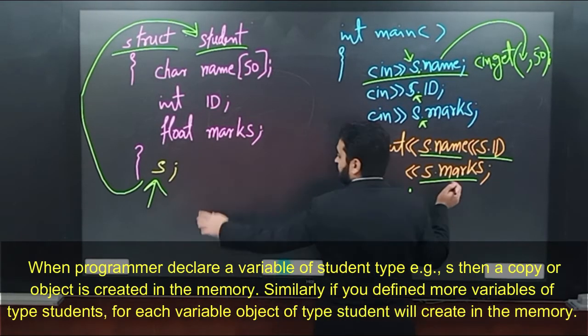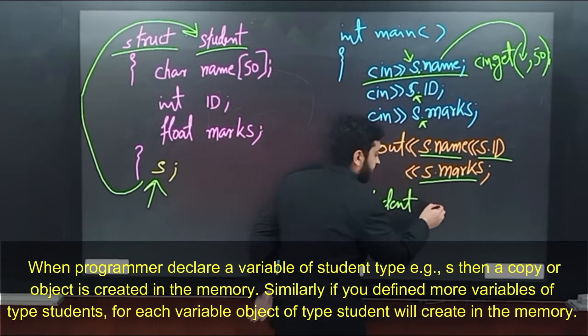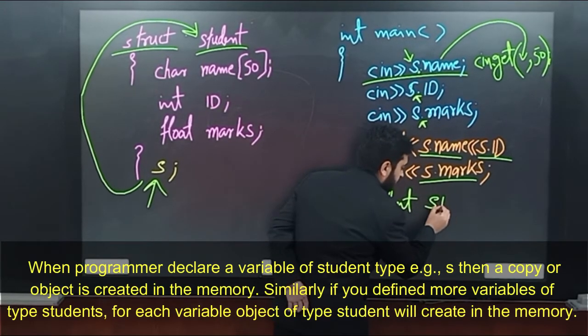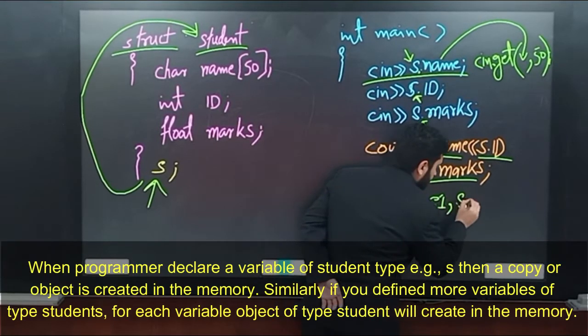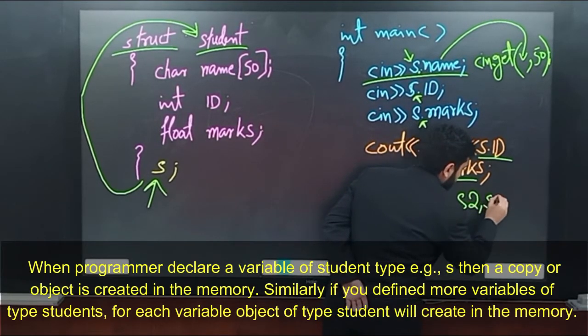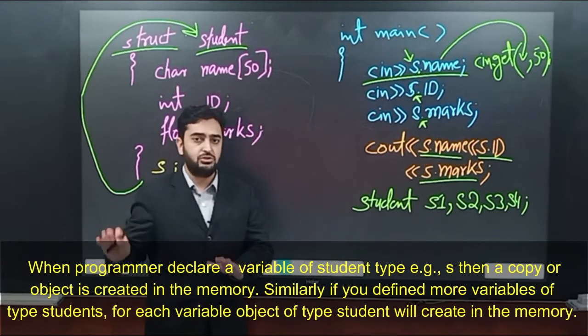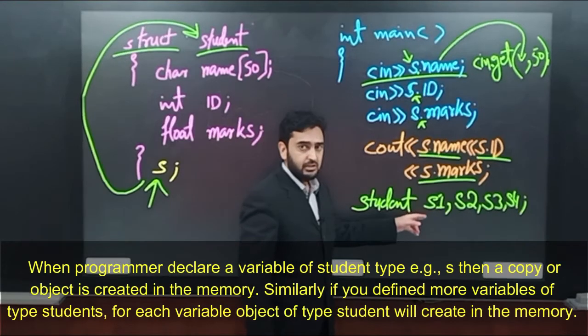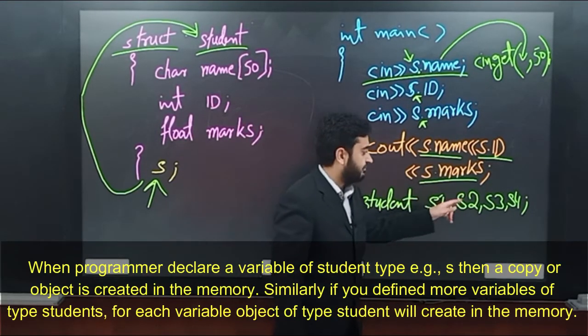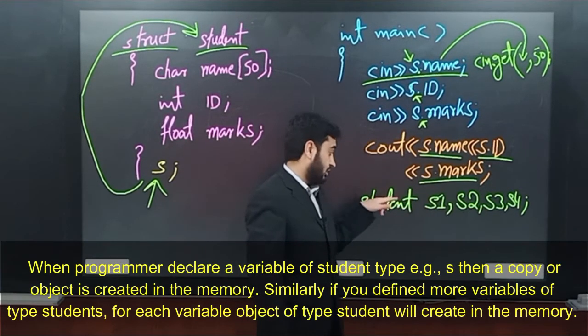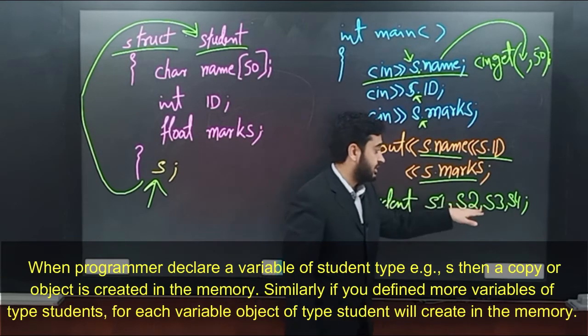One has already been declared, s. We can declare s1, s2, s3, s4, and for all students we can define the user defined variables, the student type variables, in a very similar way.